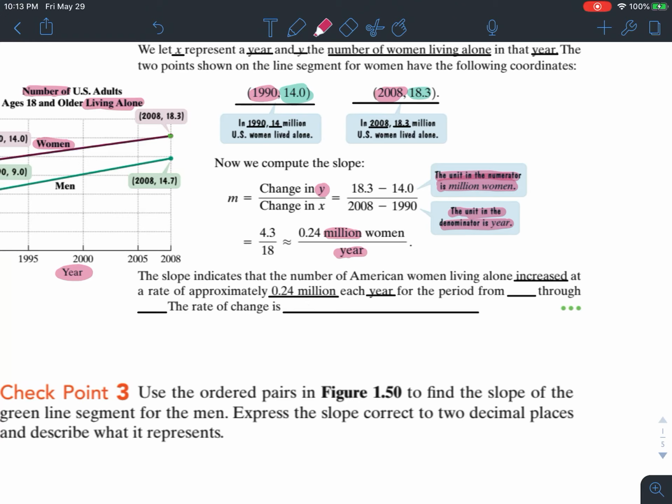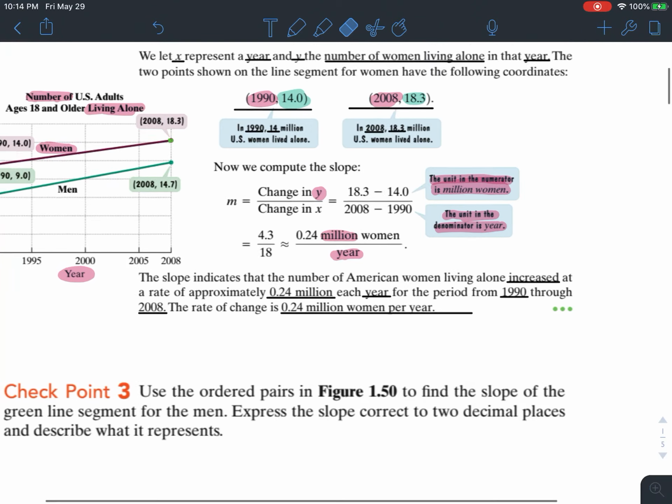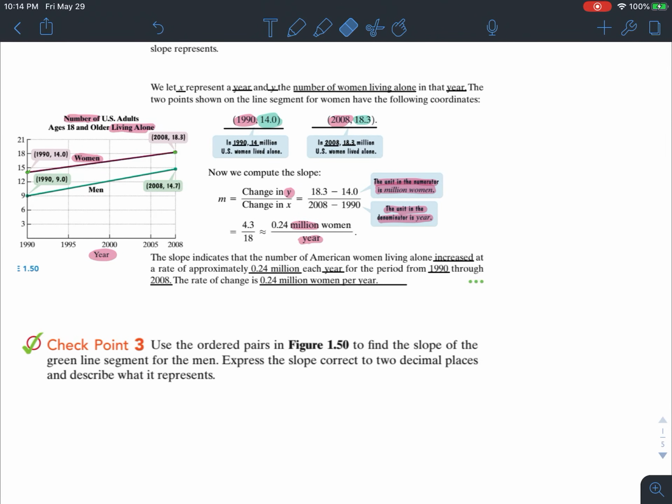For the period of time from 1990 through 2008, because that's the only data we have here. And that rate of change is 0.24 million women per year. Okay. It's a slope, right?